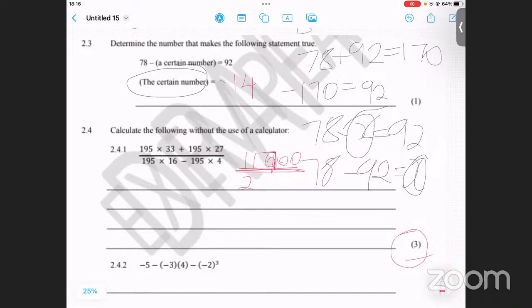Ma'am, 2,340. Mm-hmm. Ma'am, I got 5. How do you get a 5? Yeah, ma'am, I just used the calculator on this one.